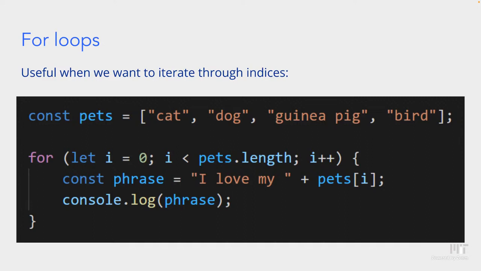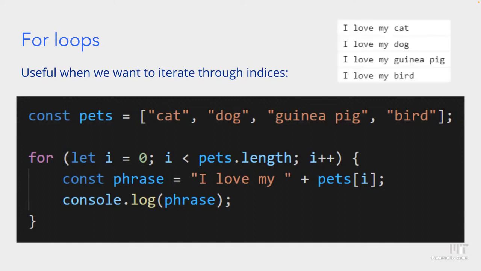The first part, let i equal 0, initializes i to be 0, our counter. Then i less than pets.length checks every time whether this condition is satisfied. And i++ is shorthand for i equals i plus 1, so you're incrementing i every time in this loop. And this is what it outputs.